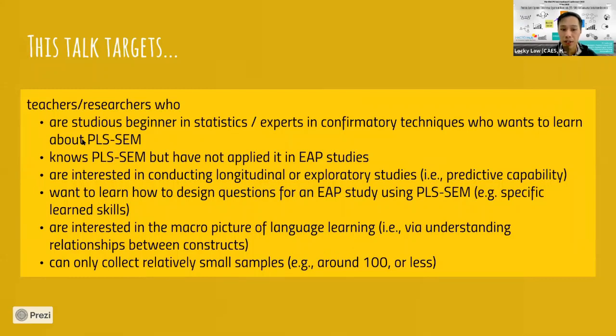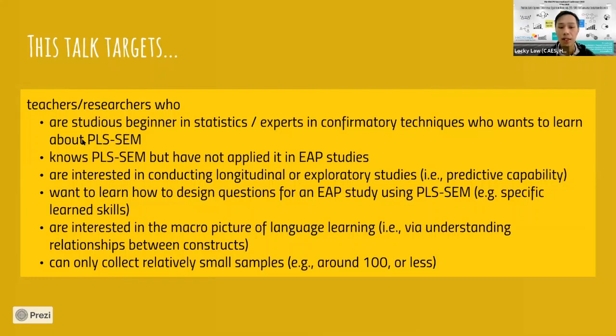Those of you who are interested in conducting longitudinal or exploratory studies because of the predictive capability of this particular method. I want to learn how to design questions for an EAP study using, of course, the PLS-SEM method. For example, how to ask questions that are specific to learned skills.